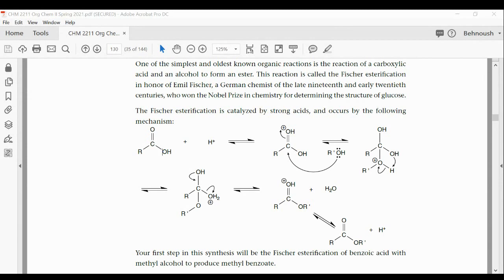Okay, alcohol. Very good. There were a couple of questions, and I was also reading the questions in the chat area. The alcohol is the nucleophile. Alcohol and water are both nucleophiles, but they are weak nucleophiles.